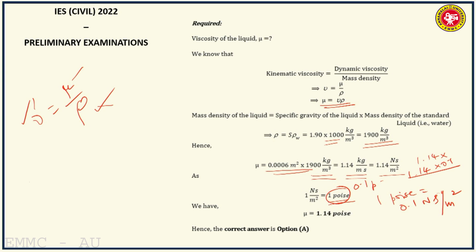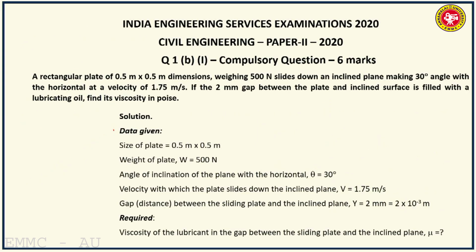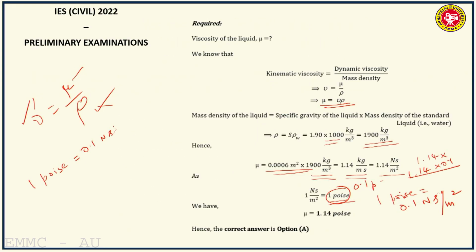I'm sorry, 1 poise is 0.1 Newton second per meter square. Therefore, 1.14 Newton second per meter square will be 1.14 into 1 divided by 0.1, that becomes 11.4 poise.